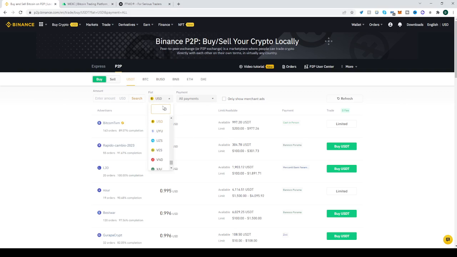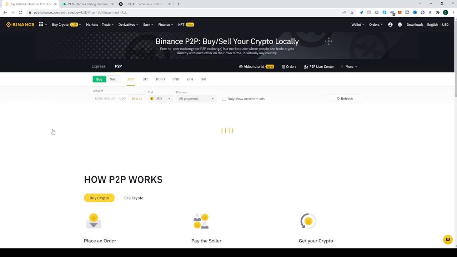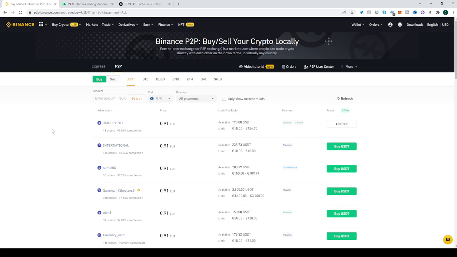You can select your fiat currency from here, the payment method you'll be using, the payment currency. Right now it's on USD, but maybe you're using euros. Select euro. And there. The price. The price is the current exchange price at the moment.